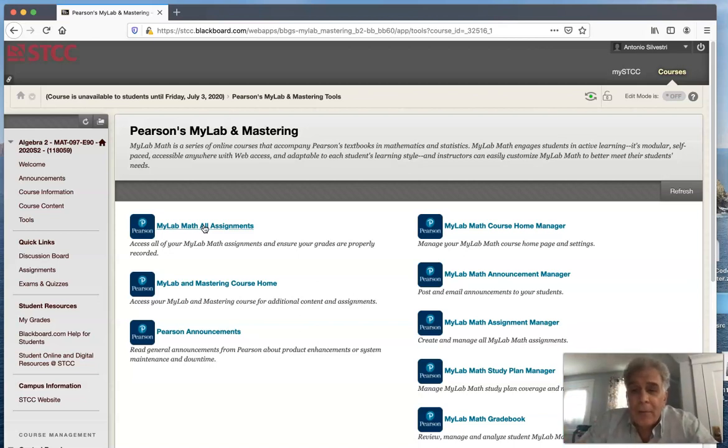There are a couple of options, actually three options that you'll probably see. One is to enter an access code, which is something you get from the bookstore. You go to the bookstore and pay to get the access code, and unfortunately it's more expensive when you use the bookstore. But a lot of people need to use the bookstore for financial aid reasons.